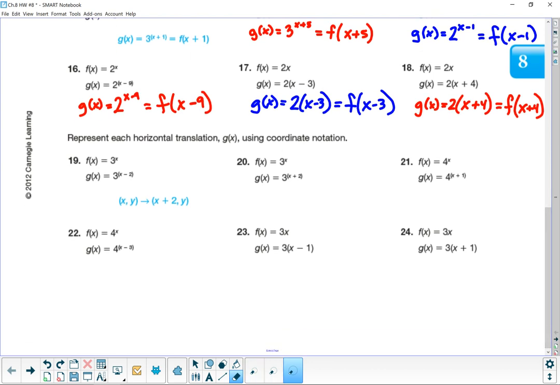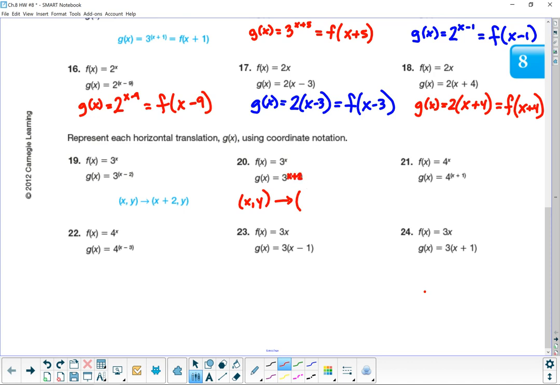Okay. They want coordinate notation for horizontal translations. So I'm going to write this as (x, y) turns into, okay, and this one has an x plus 2.